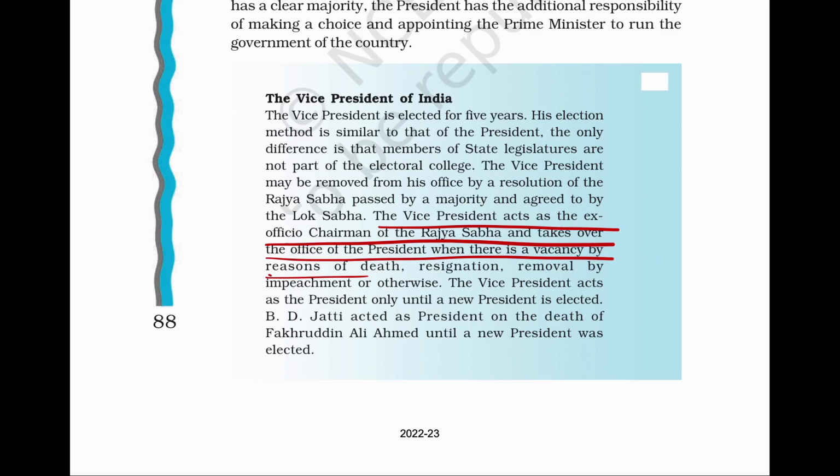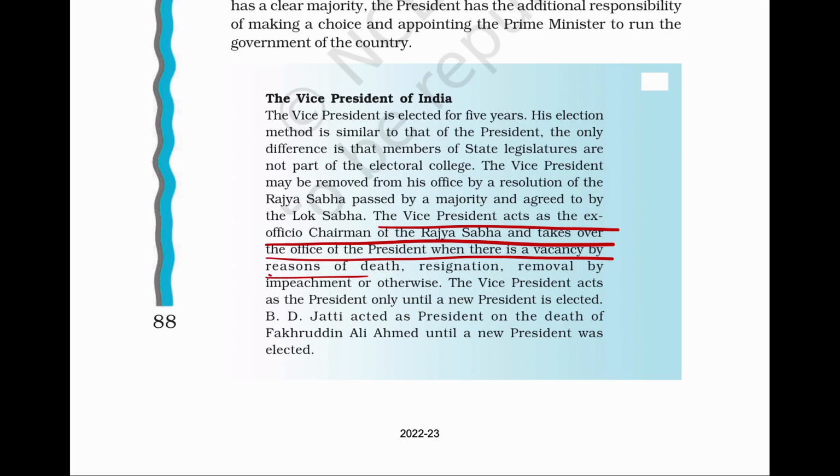Ex officio means by virtue of that office. Because somebody becomes Vice President, the person will automatically become the ex officio chairman of the Rajya Sabha. So everything about the Vice President is related to the Rajya Sabha.